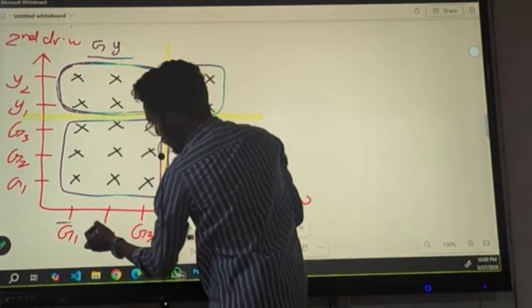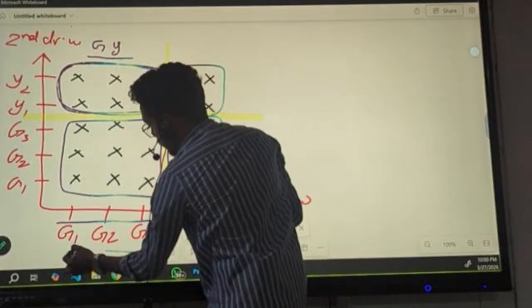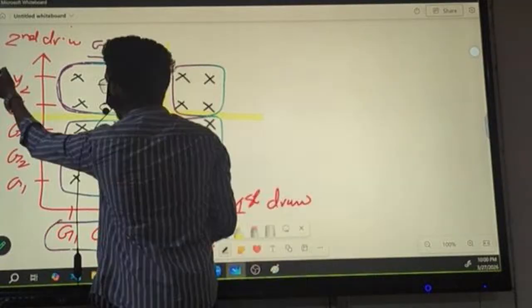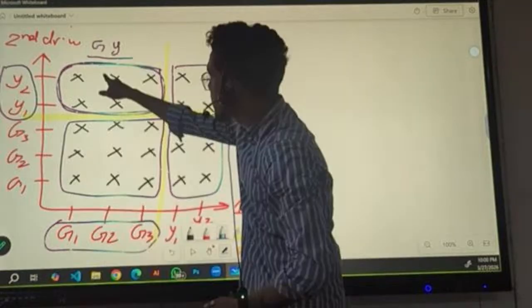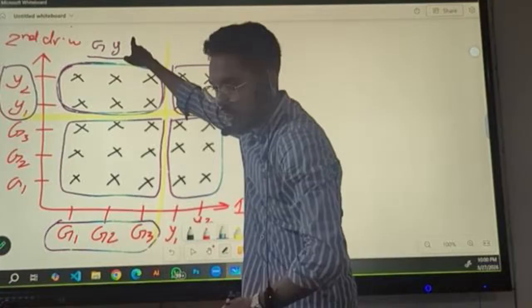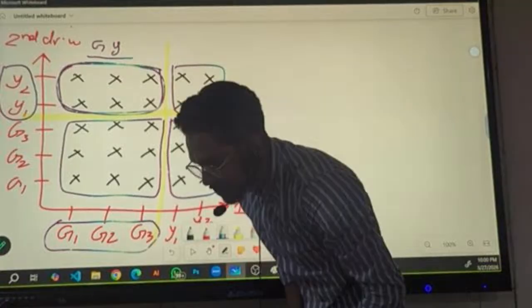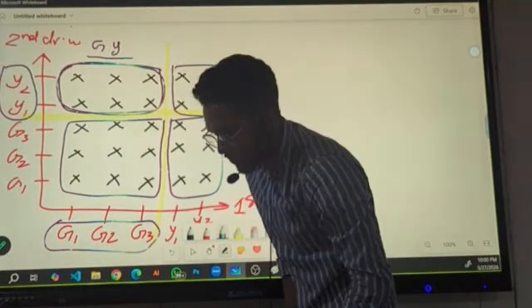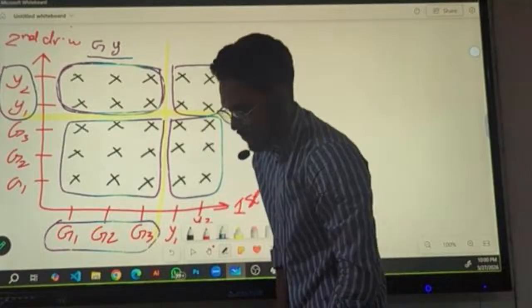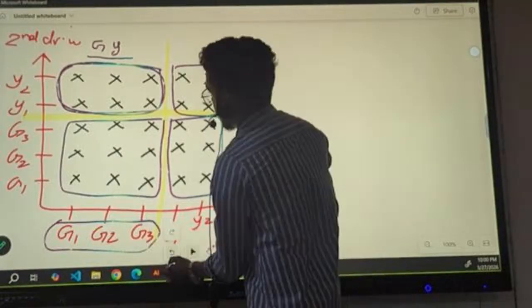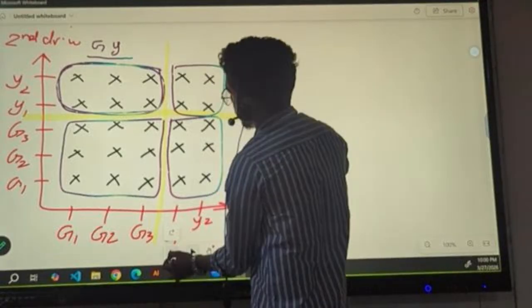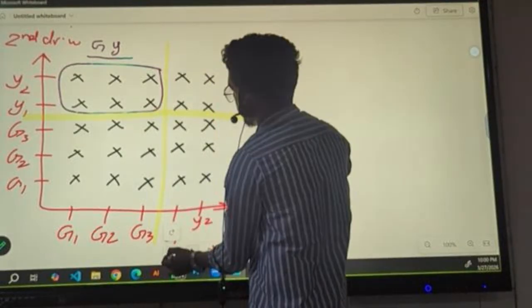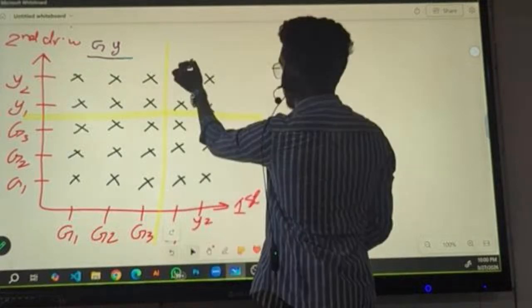So if you have got it, can you tell me what is this group? This one, what is the color in the first draw?